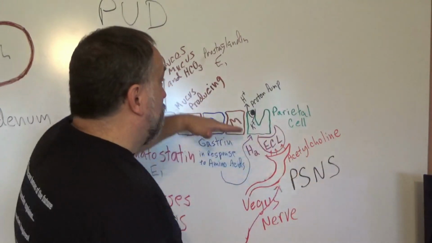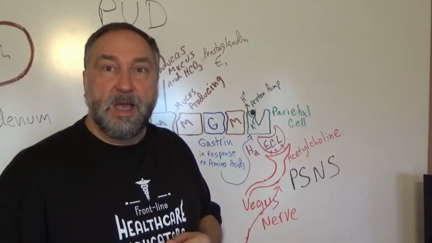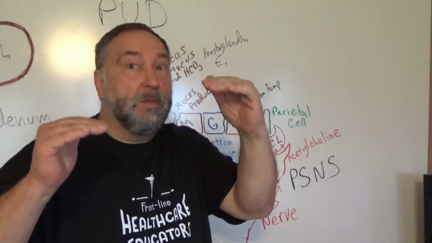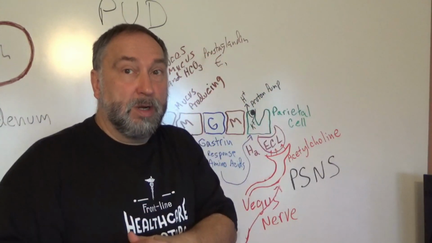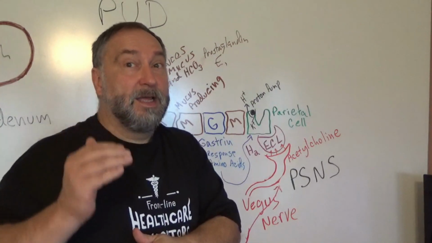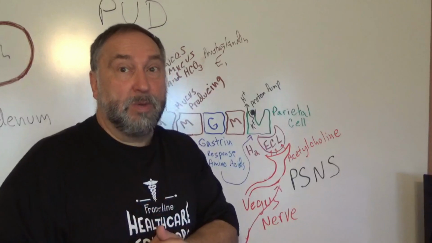Whenever you have all that epinephrine, you need to increase your parasympathetic response too, because there's got to be some kind of balance. Even though the sympathetics are in the lead, the parasympathetic activity also increases.